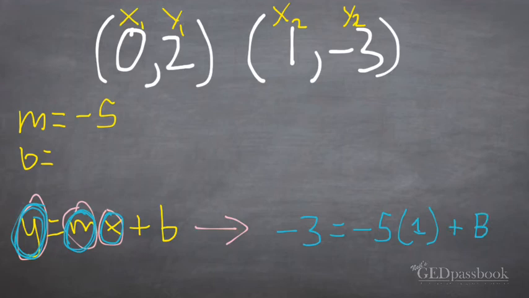I'll write it this way so that you don't think it's a 6, because my b's do come out looking like 6 sometimes. So all I did was temporarily borrow 1 point, borrow my m, and put it into y equals mx plus b. Reason being is we are going to use our skills of equations to solve for b.